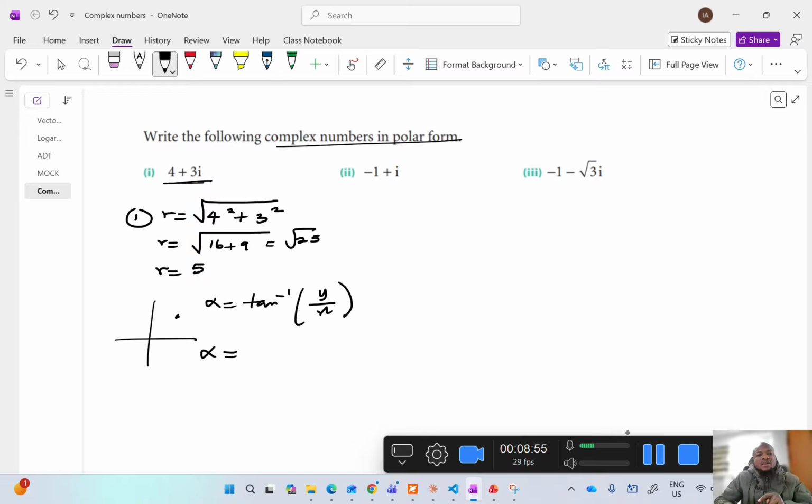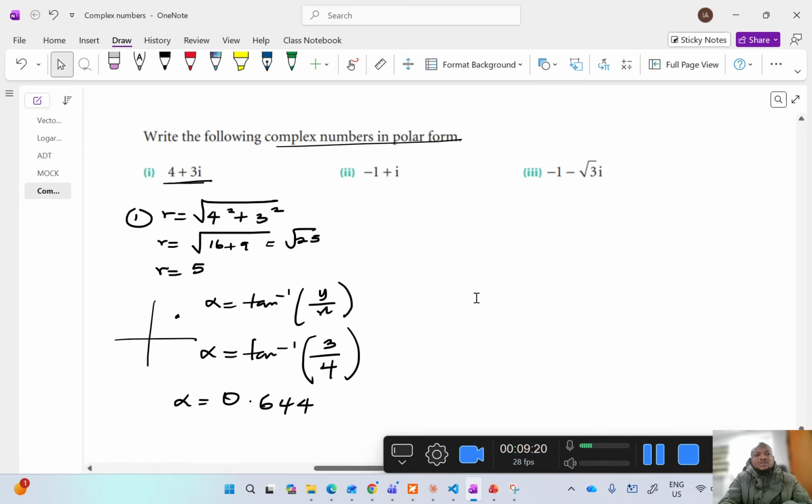So alpha is equal to arctan of 3 over 4. Put your calculator in radian, not in degrees, then press arctan of 3 divided by 4. That should give you 0.644 approximately, to 3 decimal places.